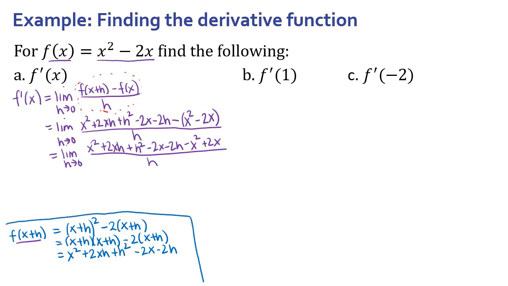All right. So we're going to be able to see that some things cancel out, which is great because now the only terms that I have left have an h in them, which will help me get rid of that 0 in the denominator. So I can factor that h out.